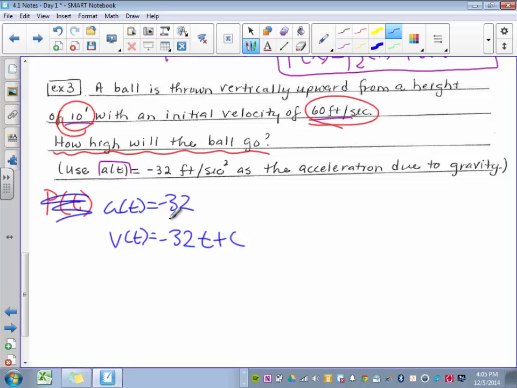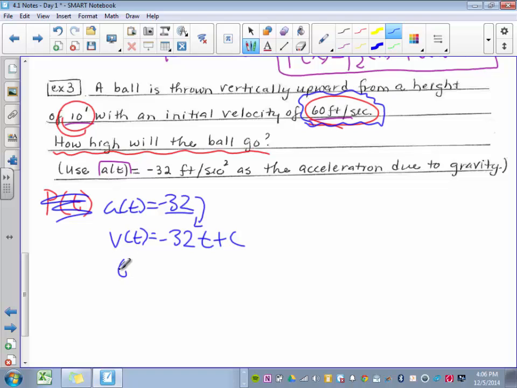So does anyone not understand? Hopefully you understand how I got from here to here. To take the antiderivative, you have to ask yourself, the derivative of what will give you negative 32? Well, the derivative of negative 32t plus c will give you negative 32. So that's where I got this right here. Now that we got this, we have to figure out what this c would be for this velocity, just like in the previous problem. Well, we know that the initial velocity at time 0 is 60.